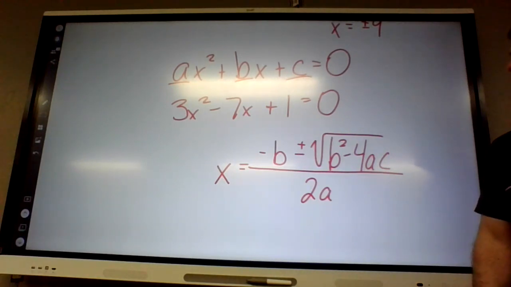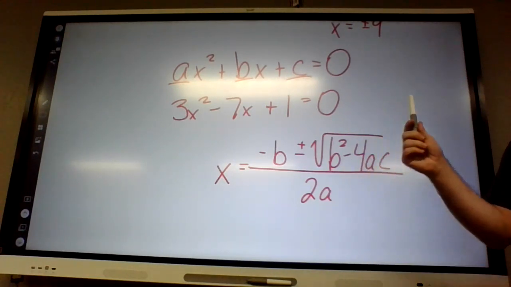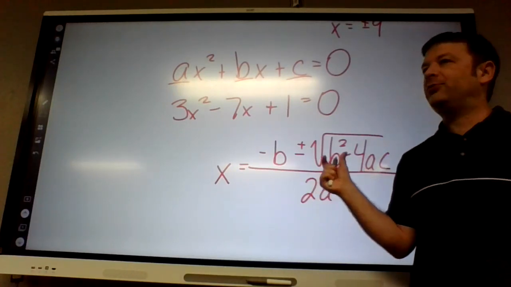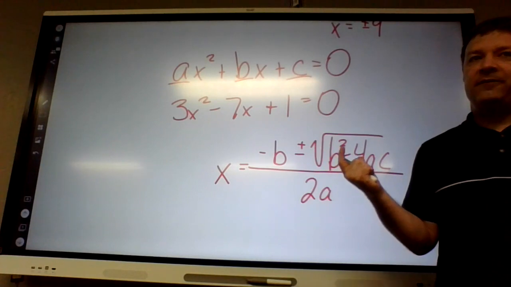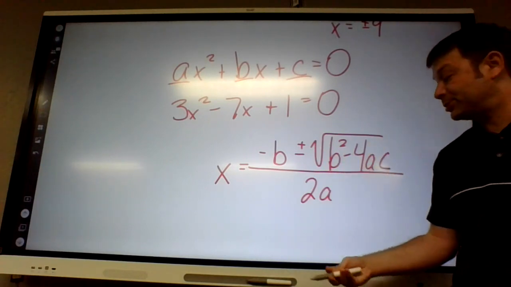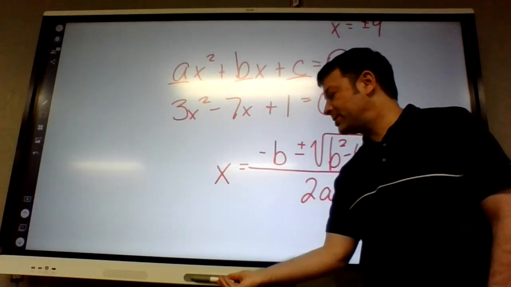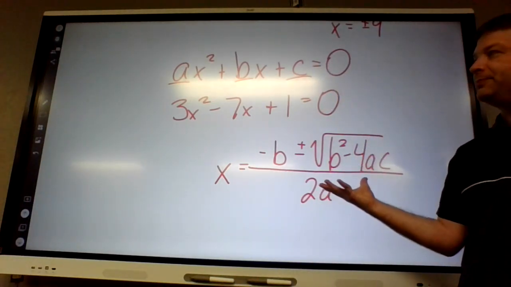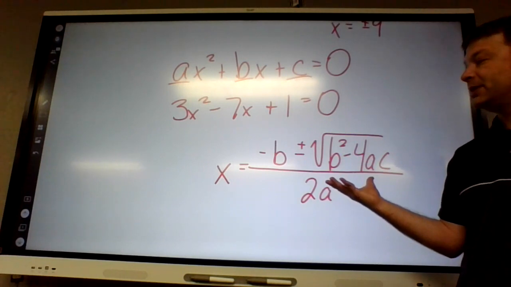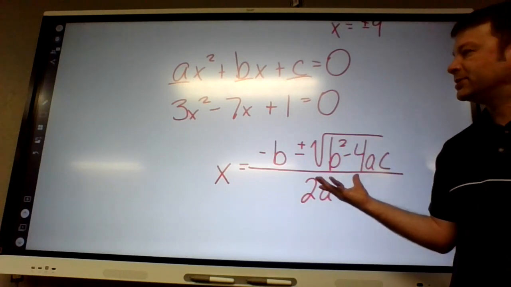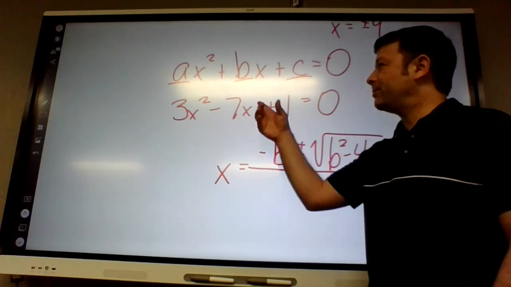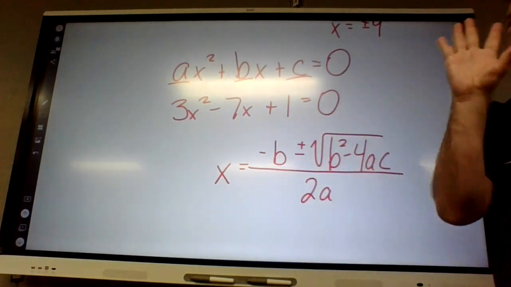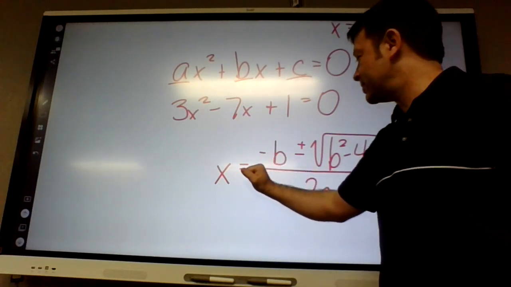This is called the quadratic formula because it can be used to solve any quadratic equation. Factoring only works in special circumstances, which a lot of times it'll work, but this works on everything. It works on factoring problems, and it also works on really messy problems that don't have nice answers. They got it from completing the square on this kind of a problem. We're kind of jumping ahead to this.